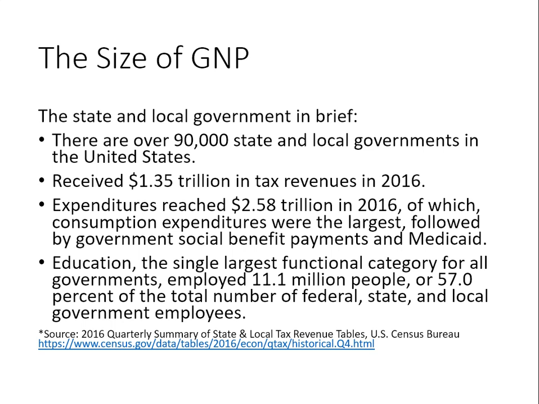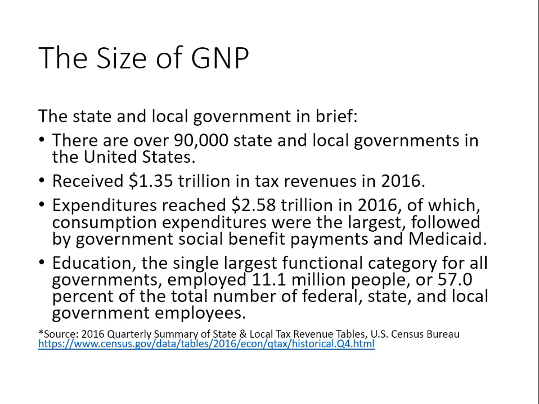In 2016, the whole sector received $1.3 trillion in tax revenues. Expenditures reached $2.6 trillion, of which consumption expenditures were the largest, followed by government social benefit payments and Medicaid.